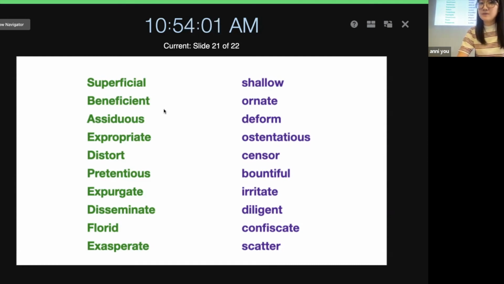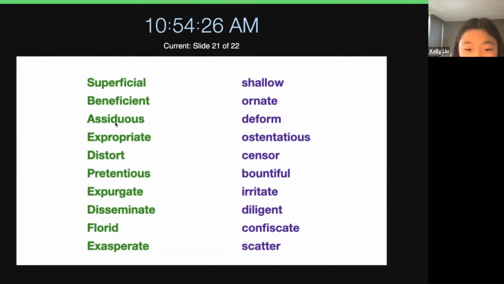Beneficent means what? Bountiful. Thank you. So Callie, the third one. Assid, sit close, sit near to the teacher, then the students are what? Diligent. Yes, diligent. Thank you.